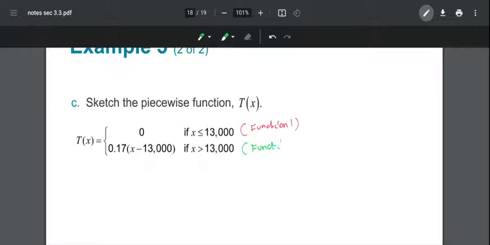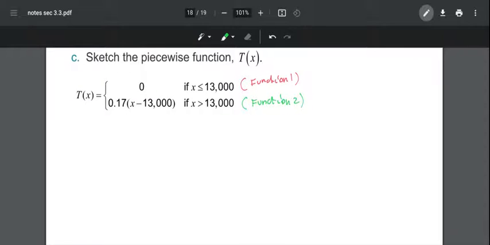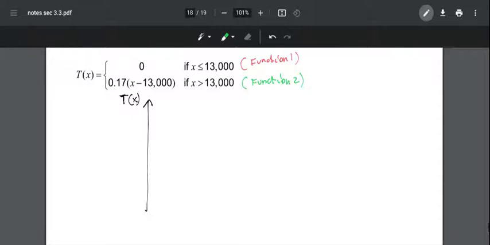That will be function 2 in green. Okay. So let's sketch the graph. Now, the y-axis, that's our t of x. Okay, that's how much we're paying in taxes. The x-axis will represent money earned. So that will be 0.